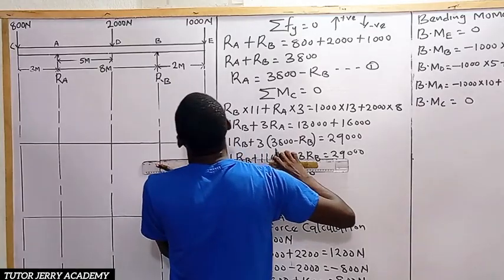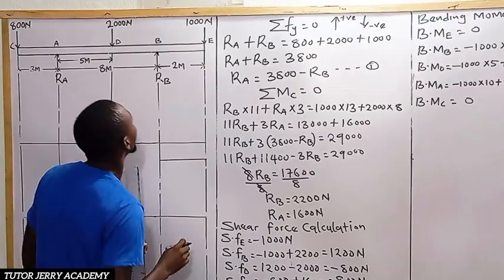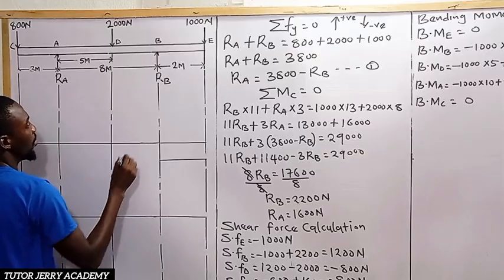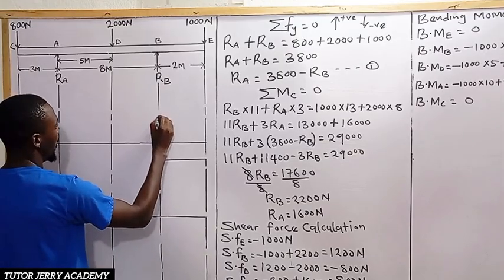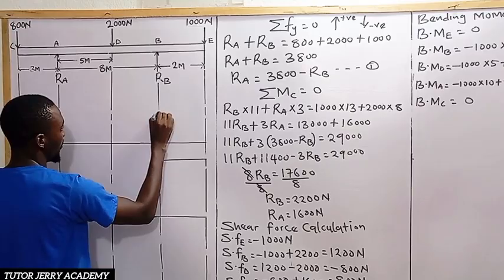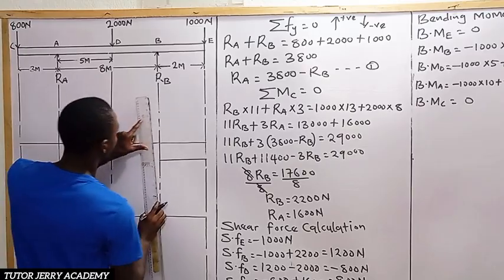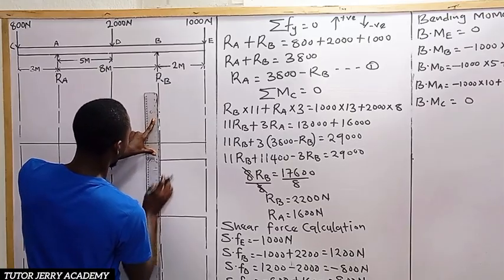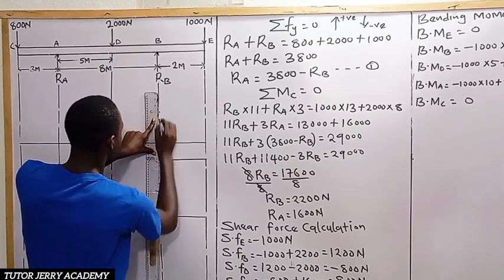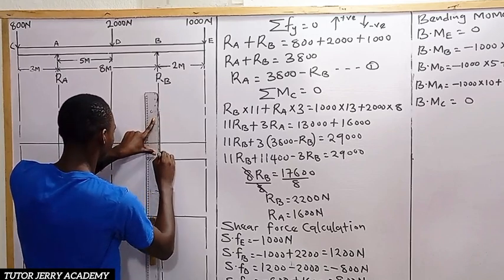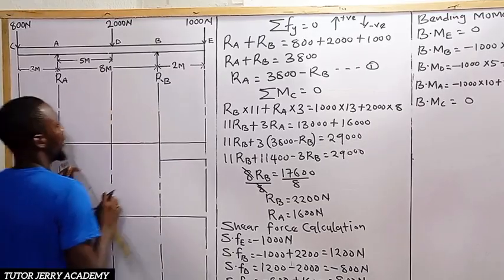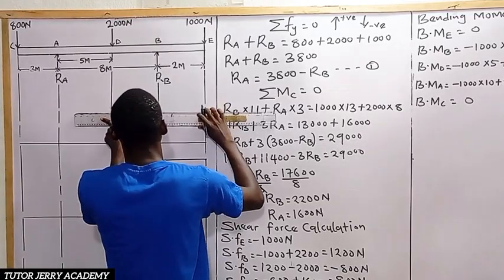All right, so the shear force at point B is nothing but 1200. So let's take this point here to be our 1200. So we are going to be joining these points. All right, and between B and D we don't have any other force, so we'll be drawing a constant line.